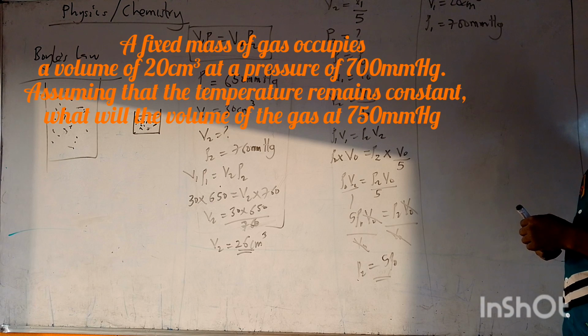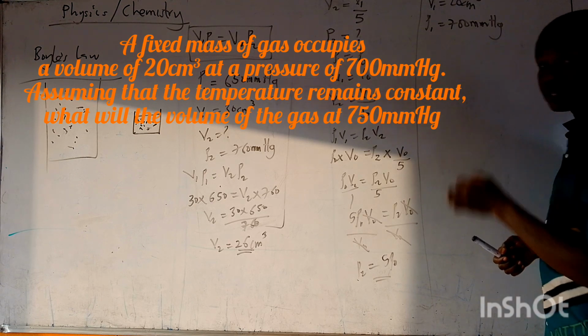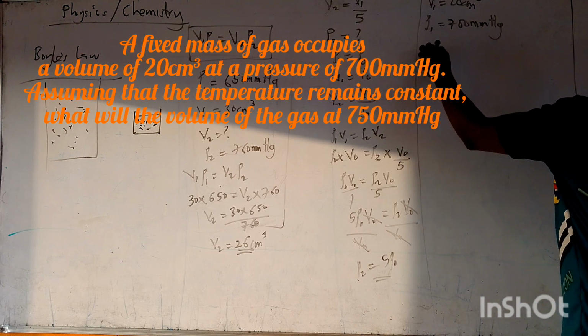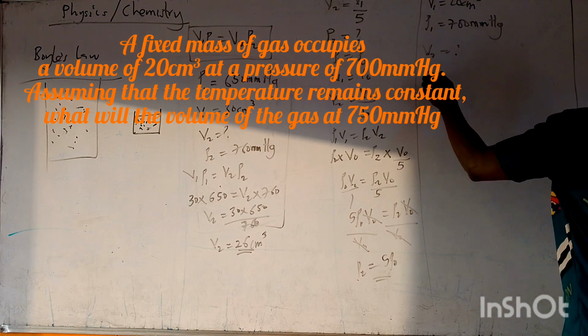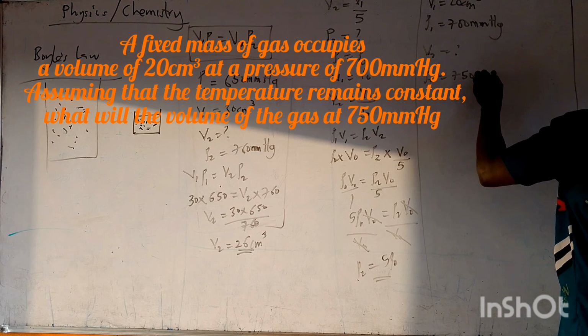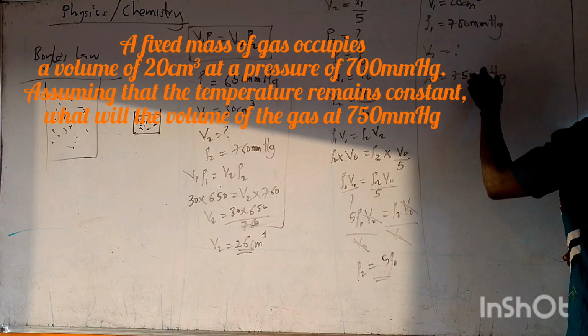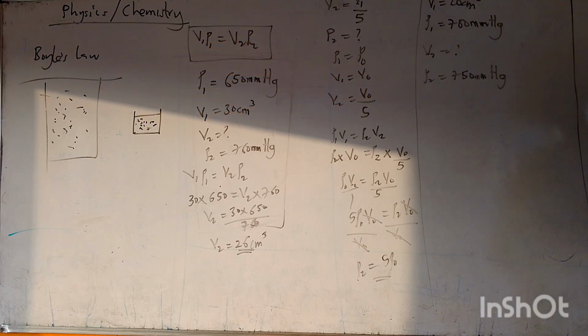What will be the volume of the gas, V2, at a pressure of 750 centimeter mercury? That must be a typo error. It's supposed to be millimeter mercury.